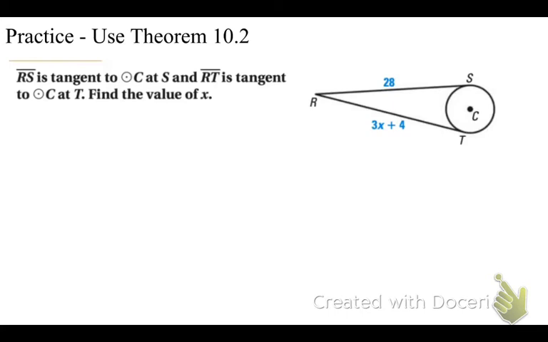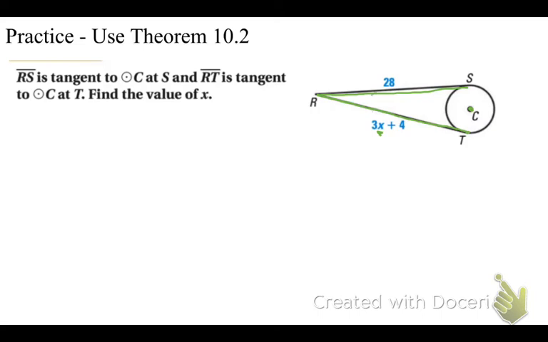So this is RS is tangent to circle C at S, and RT is tangent to circle C at T. So we want to find the value of x, and here's our x right here. So we know by the ice cream cone theorem, theorem 10.2, that these two lines are equal.